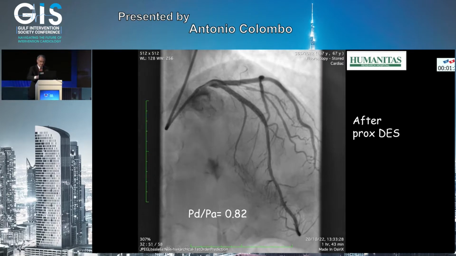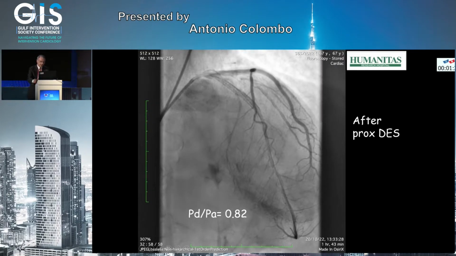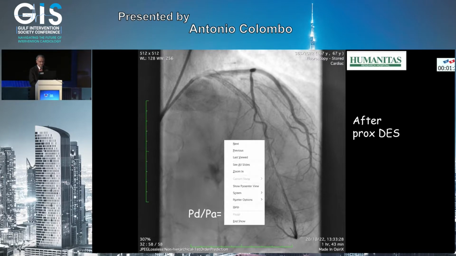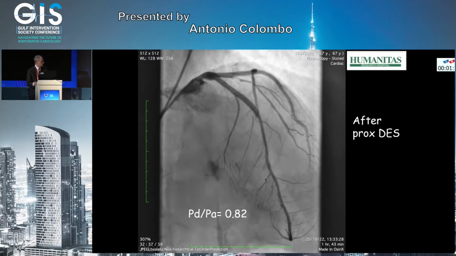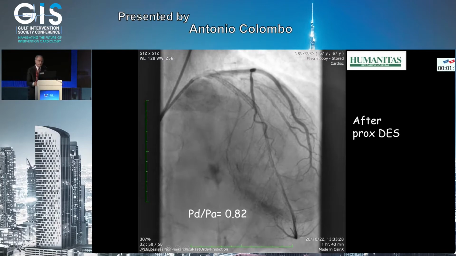You see there is a lot of dissection, and this imperfect result is confirmed by a PdPa of 0.82, which means you have a gradient of 18, which in our experience is not acceptable. At this point, most people would have placed additional stents.